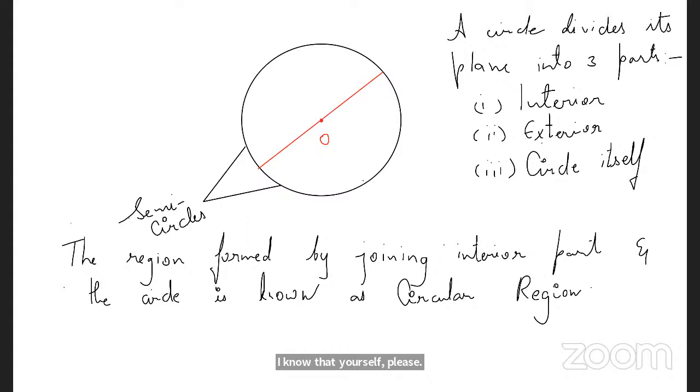And the region inside them is known as the semicircular region. This is also a semicircular region.